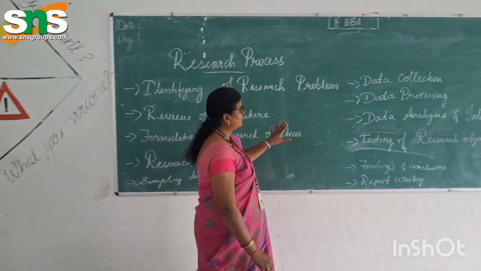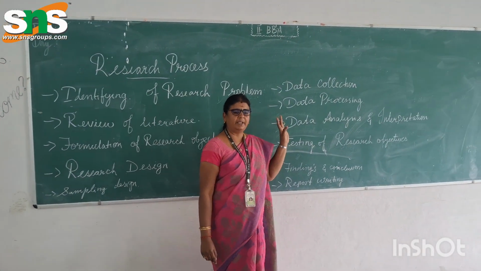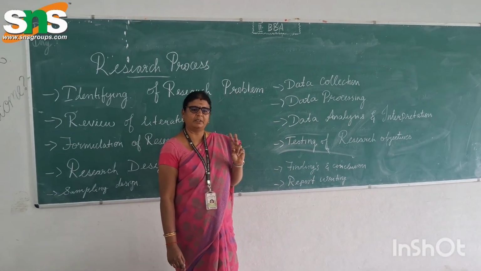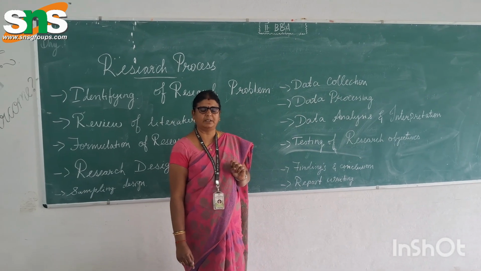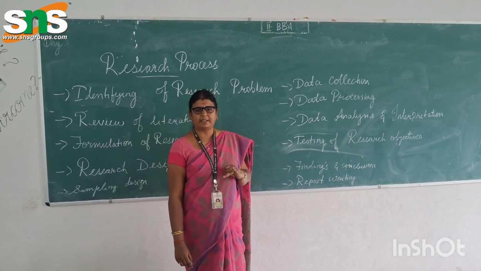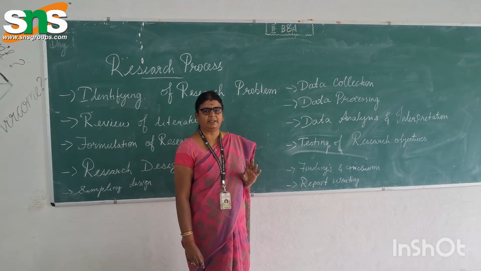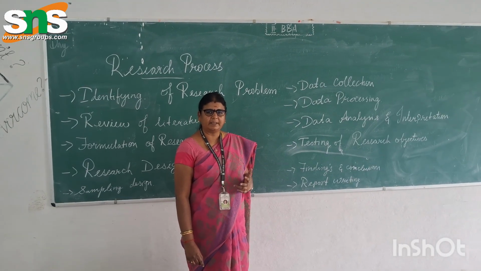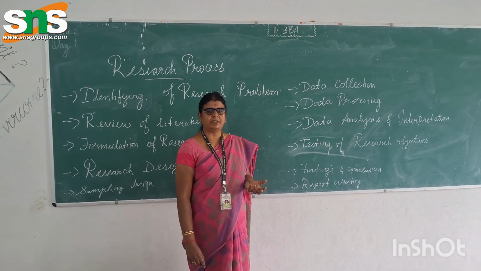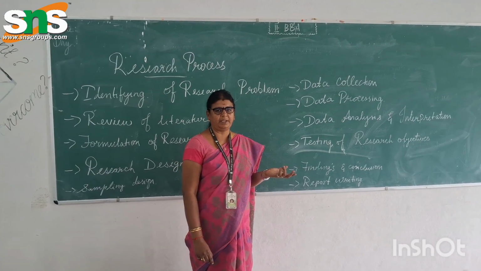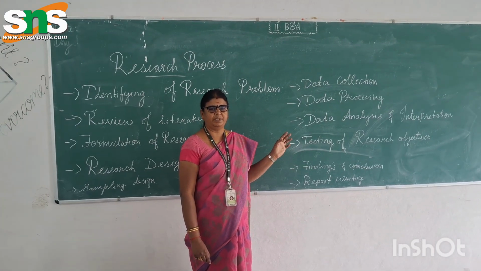The next one is data collection. There are two ways of data collection: primary data and secondary data. Primary data is fresh data collected directly by the researcher from the respondents, so that is new information.